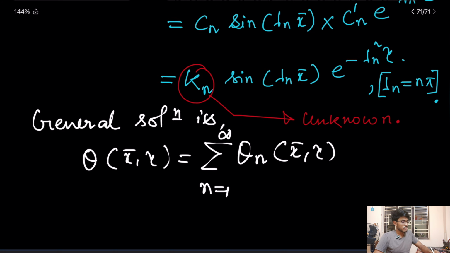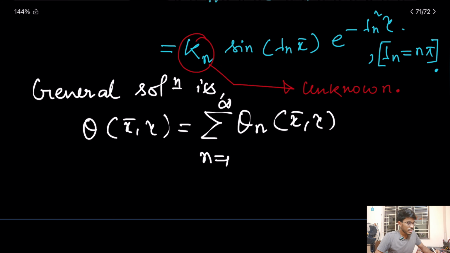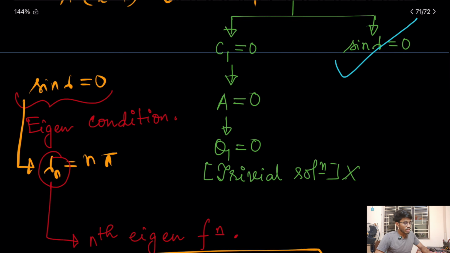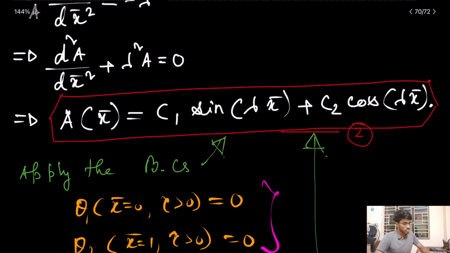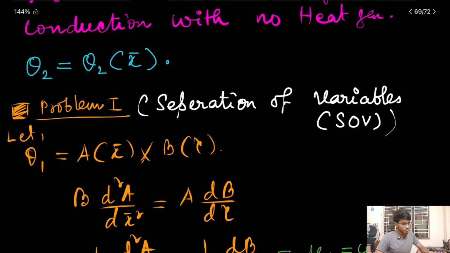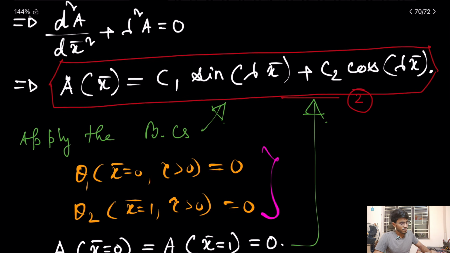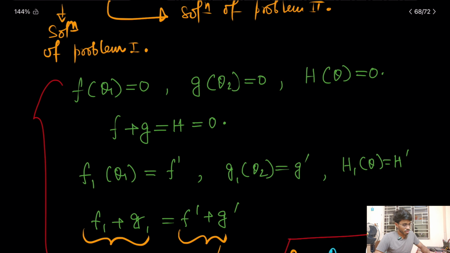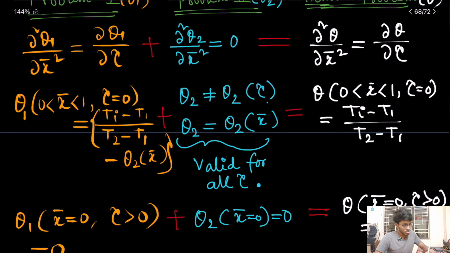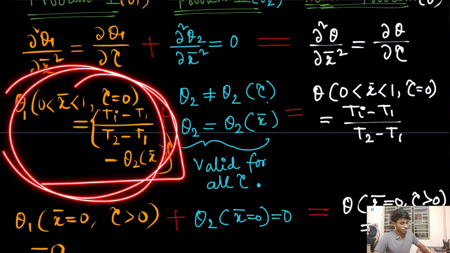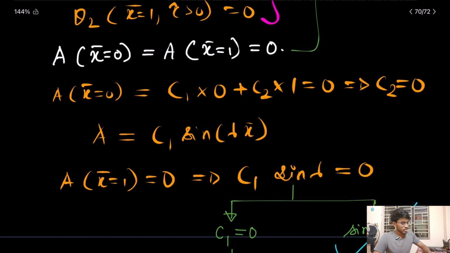So how to find this? Now can you tell me, for problem 1, which condition or which equation is still there to be used? That is the initial condition, and the initial condition was this one. So let me write this.